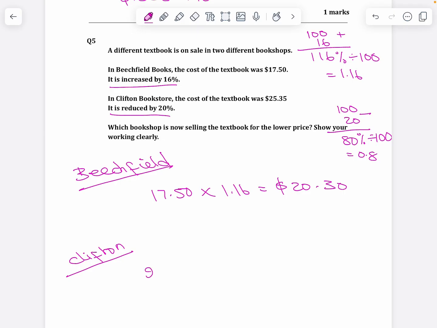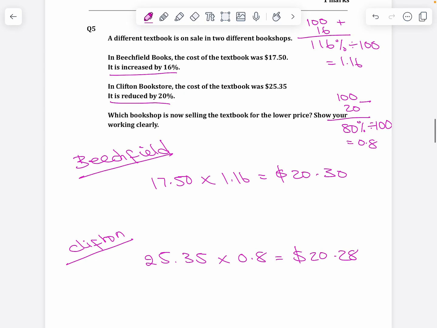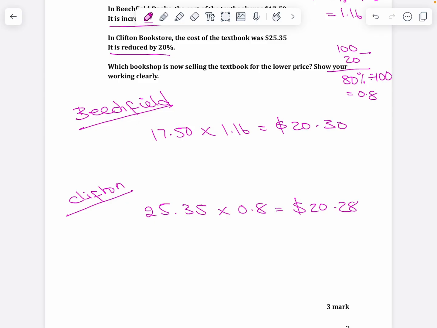So we have $25.35 times by 0.8, which gives us $20 and 28 cents. And so you've shown all your work in, that's 2 marks.